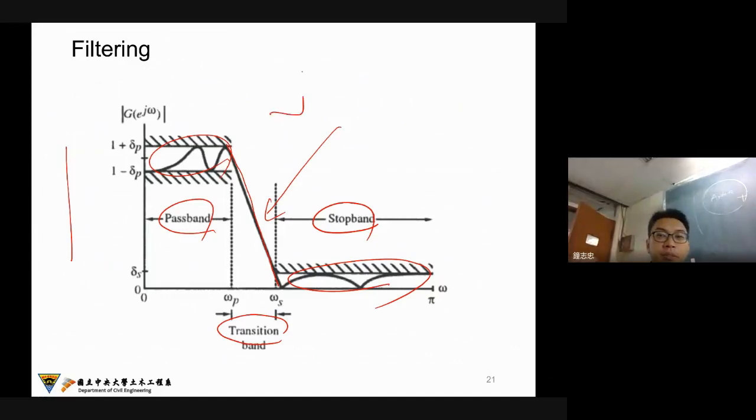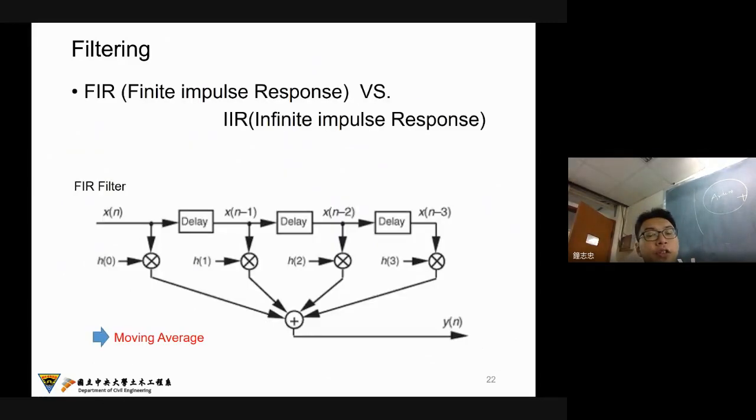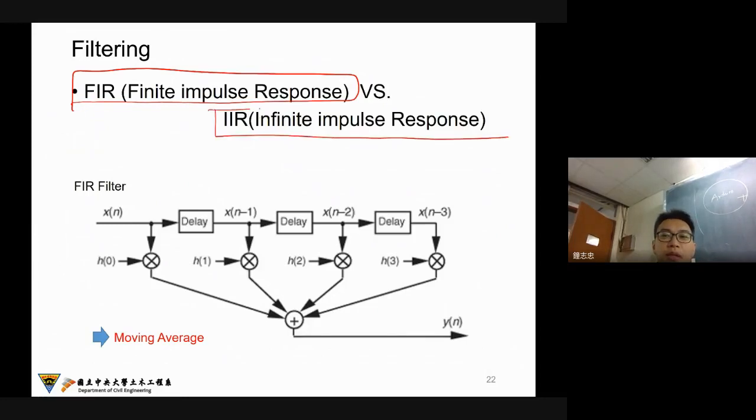Perfect filters mean like this, but somehow we only have this kind of filter. Okay, and for the filter, there are two kinds. One is the finite impulse response. The other is the infinite impulse response, FIR and IIR.